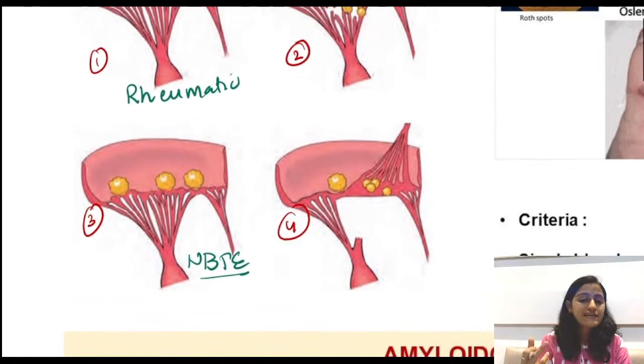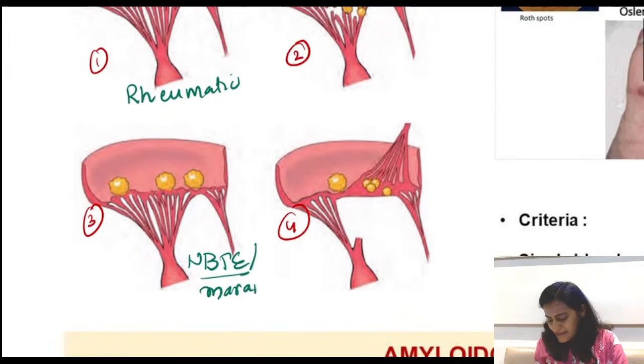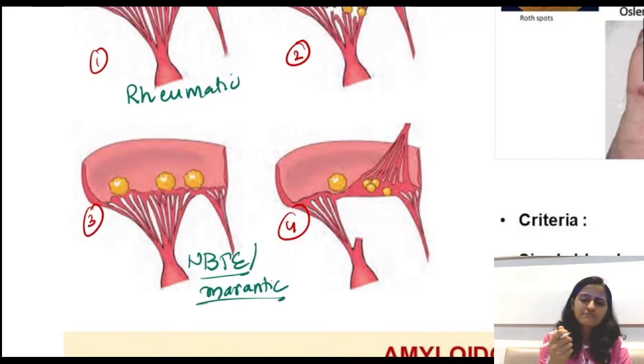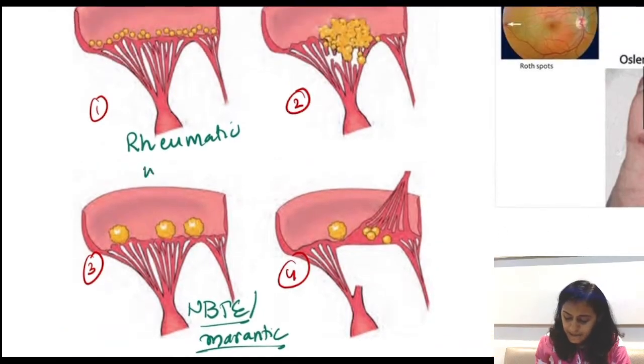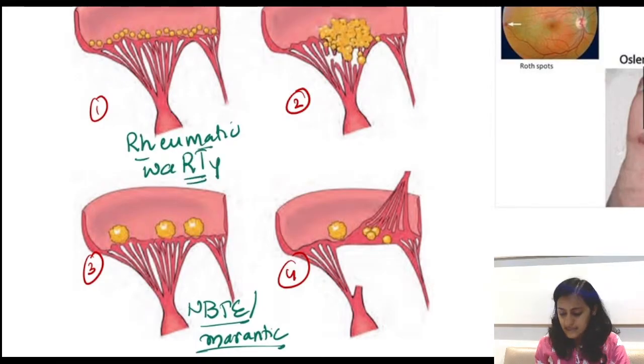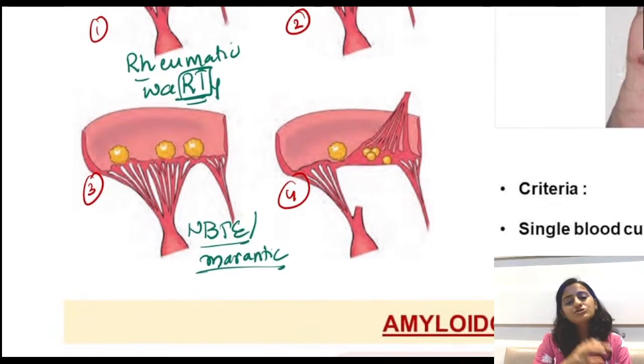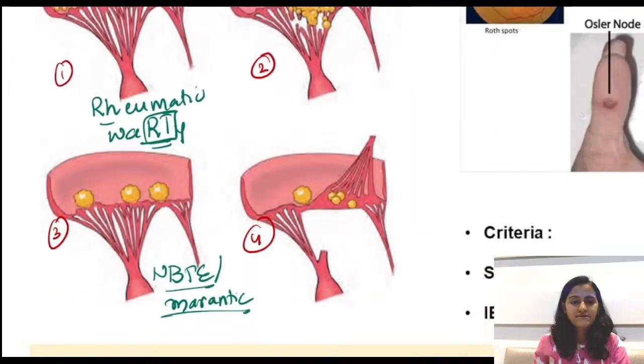So it is rheumatic heart disease, or it is NBTE, also called the marantic type, which can be associated with cancers as well. It's non-bacterial. Very good. It is warty lesions in rheumatic heart disease, comparatively larger in NBTE.